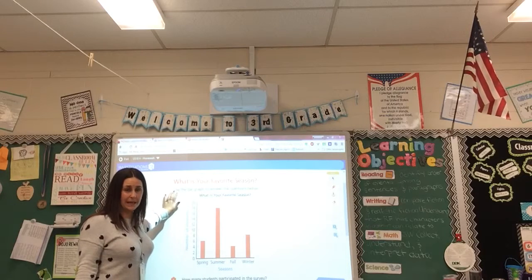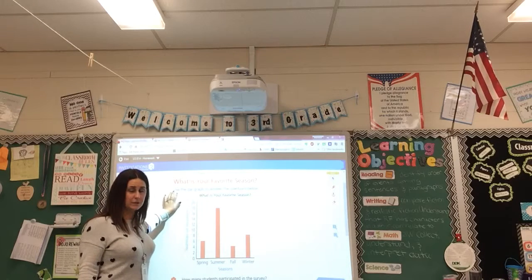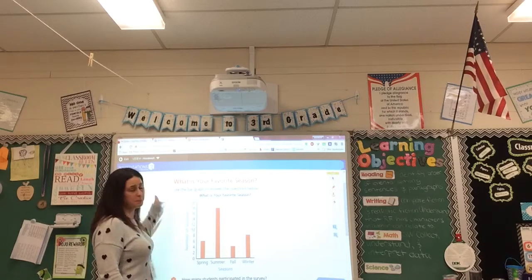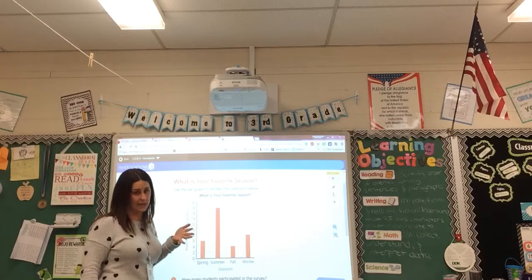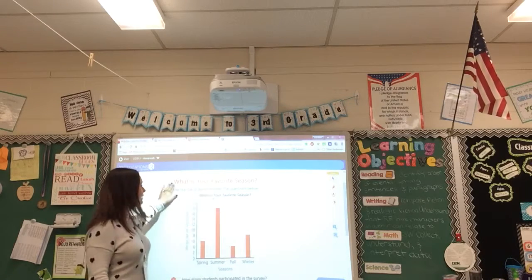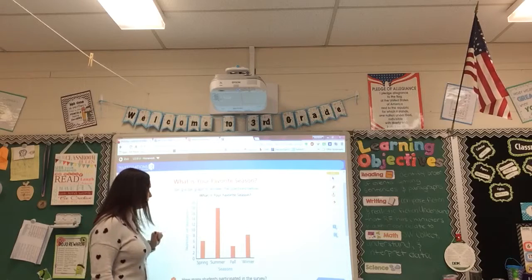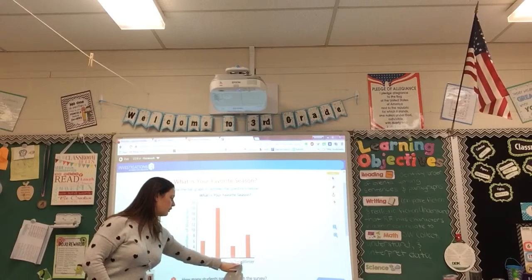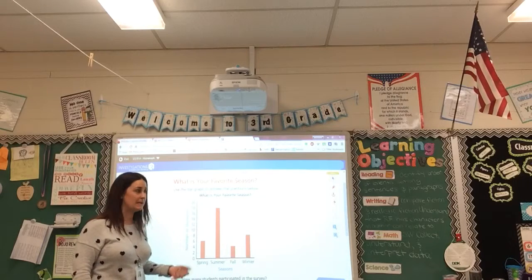The easiest way to title your bar graph is by using the same question you asked to get the data. So this person that wanted to know some data about particular students asked, what is your favorite season? So that is the title of this bar graph. So there's a couple different things going on here. On the very bottom of the bar graph, below all the bars, we see the seasons.